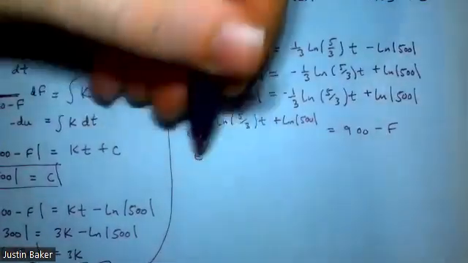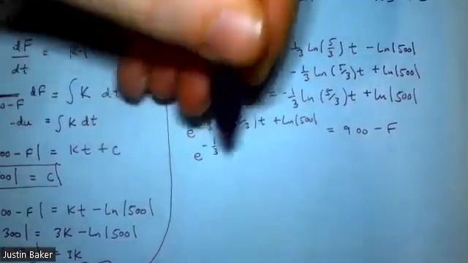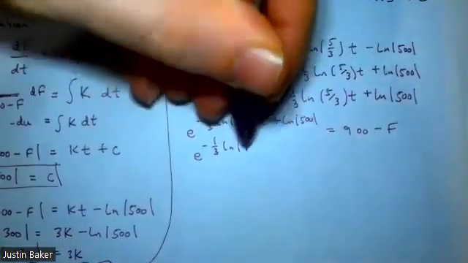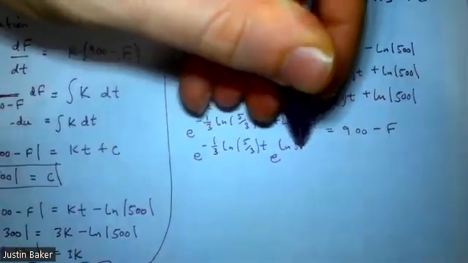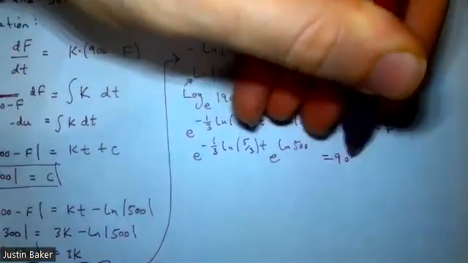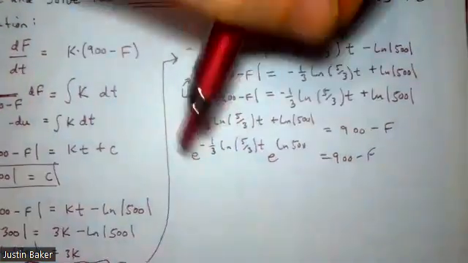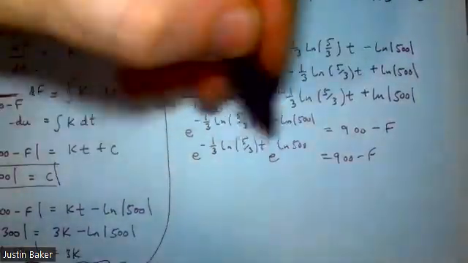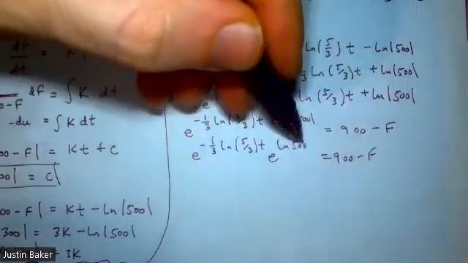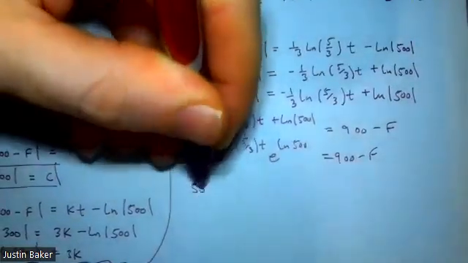If we rewrite this as e to the negative 1/3 ln 5/3 t times e to the natural log 500, look what happens. This and this, when you multiply them, you really add these, but this allows me, what is e to the natural log of the stuff? That is the stuff. So we can bring a 500 out front now.